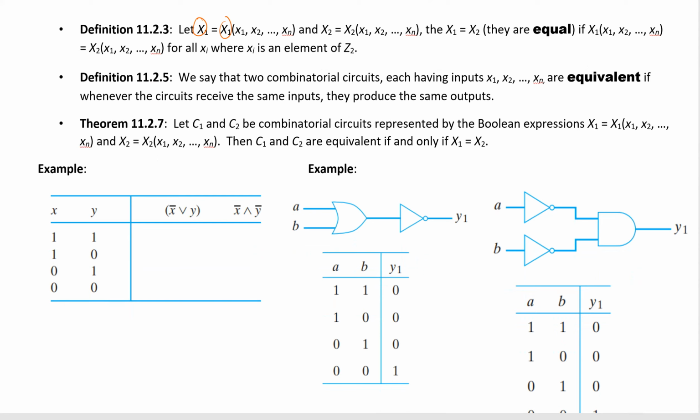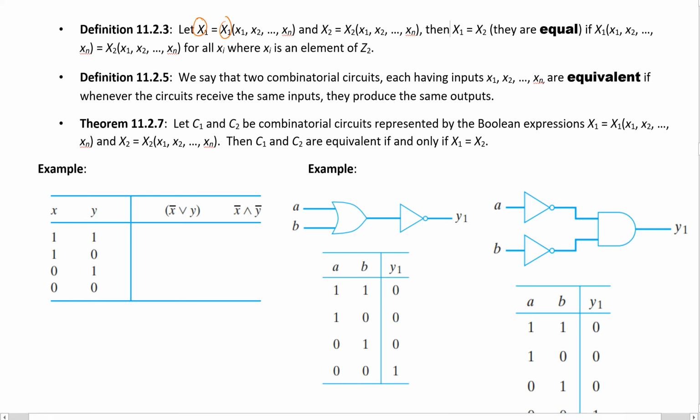Then we say X1 equals X2 if X1 of the variables equals X2 of the variables for all xi, where xi is an element of the bits 0 and 1. So Z2 is the set of the two elements 0 and 1. Which means if we have the same inputs, then we should have the same outputs.